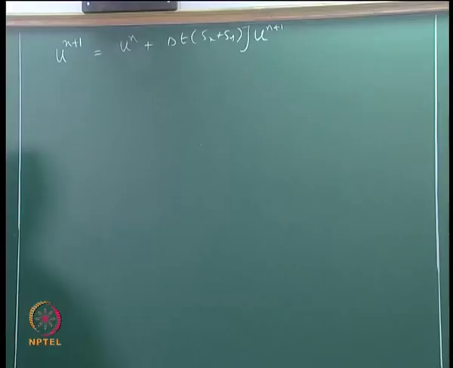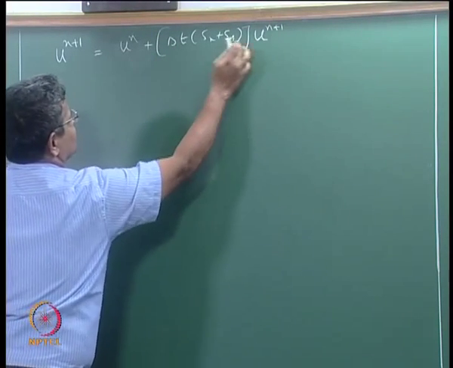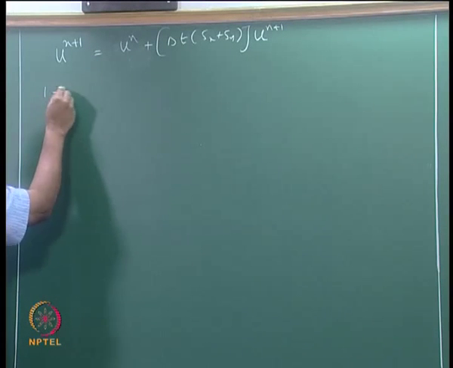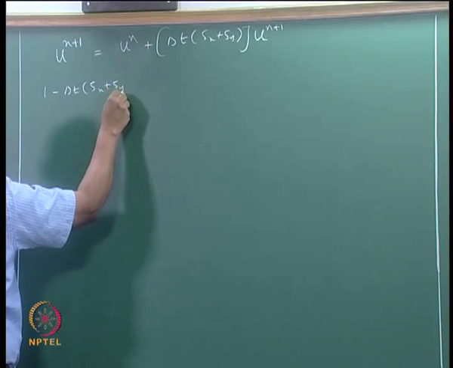Now we can bring the u n plus 1 term onto this side, and then we can write 1 minus delta t of Sx plus Sy.